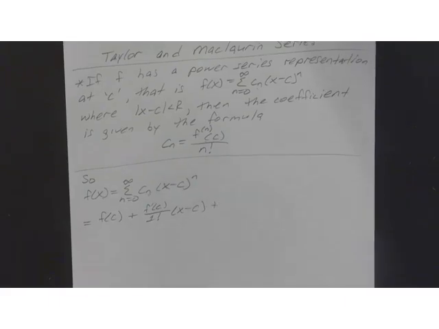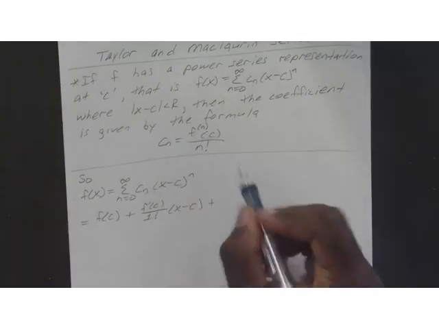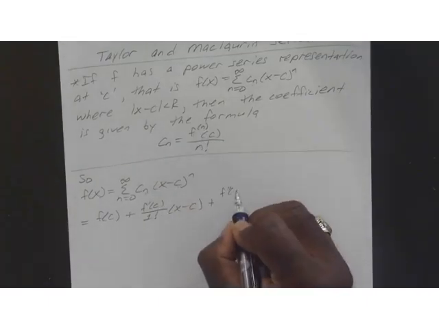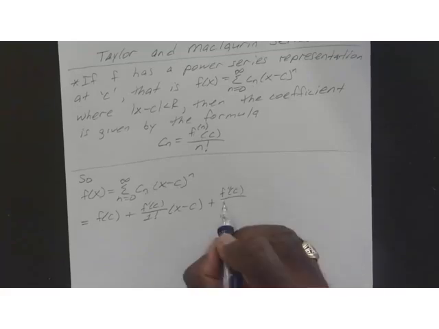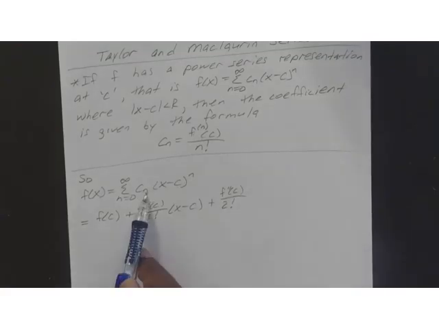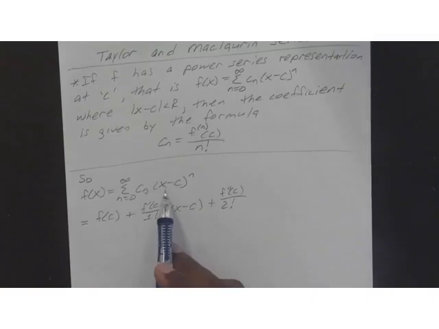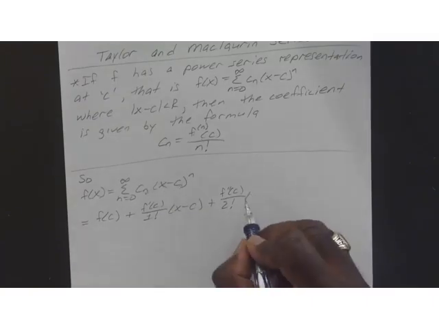Plus, we have n equal to 2. You have the second derivative at c divided by 2 factorial for your c sub n times x minus c squared.